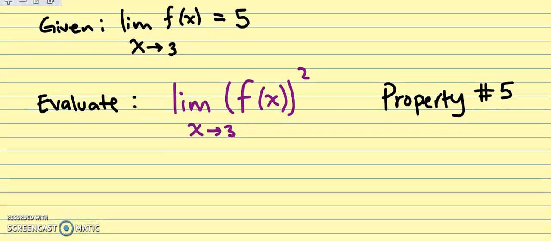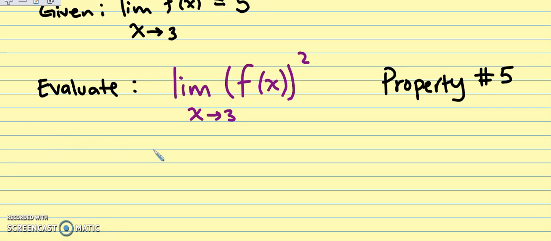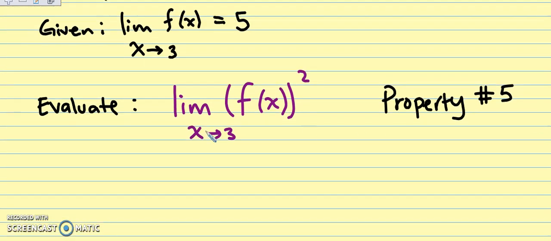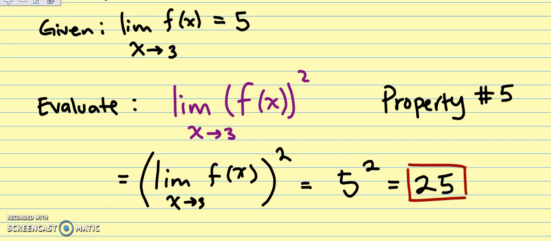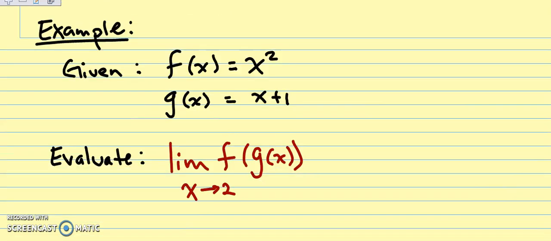So what we do is we go ahead and write the limit of f of x as x approaches 3, squared. So our answer here will be 5 squared, or 25. So that would be your answer.